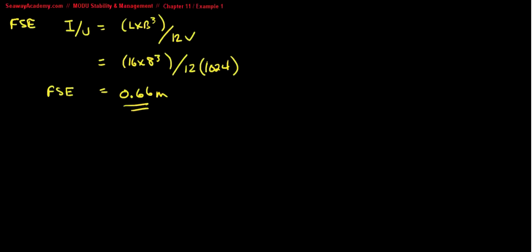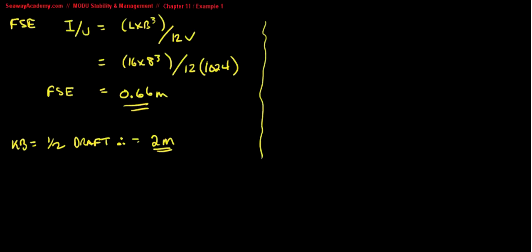Now our KB, this is a box-shaped vessel, so our KB is going to be half of our draft. So therefore our KB is going to be 2 meters. Now we can calculate our BM. And our BM is our length times our breadth cubed, divided by 12 times the volume.